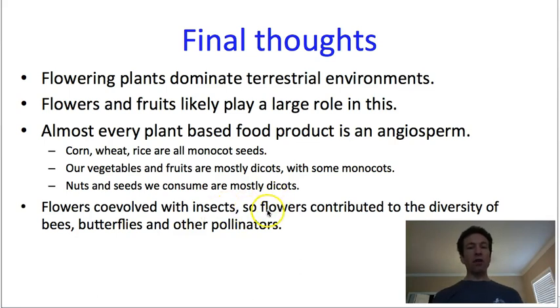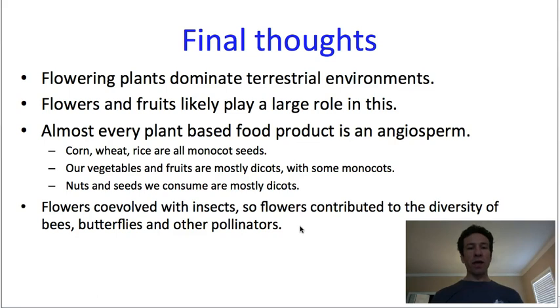So flowers are reliant on pollinators, but flowers also have helped contribute to the diversity of pollinators, including bees and butterflies. They've also helped contribute to the diversity of other insects that eat plants.